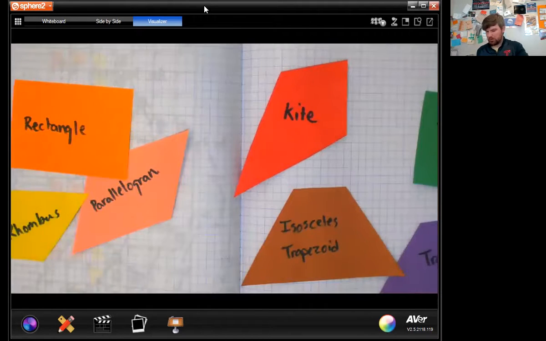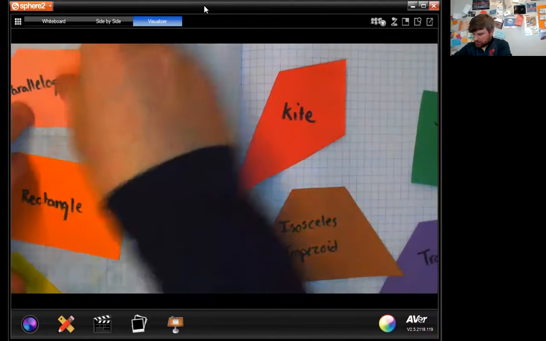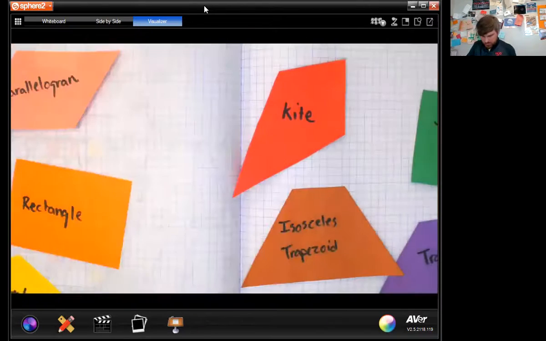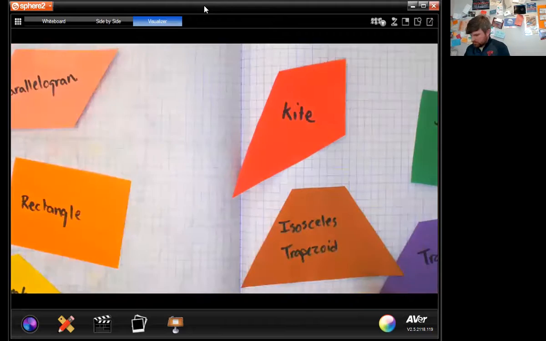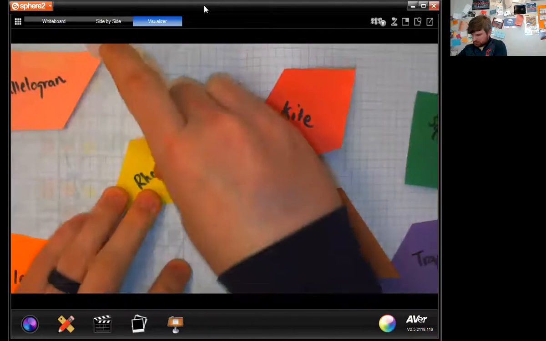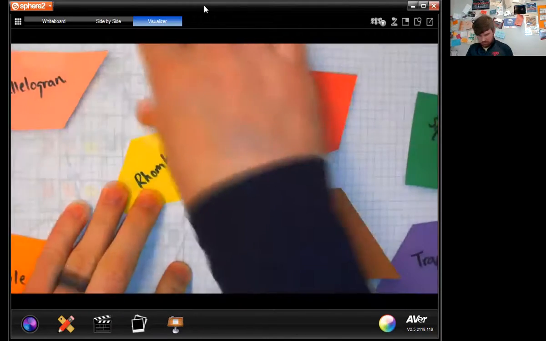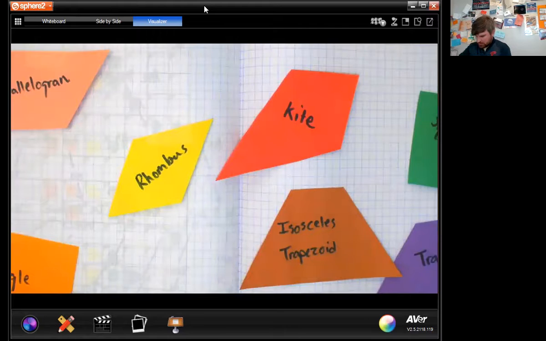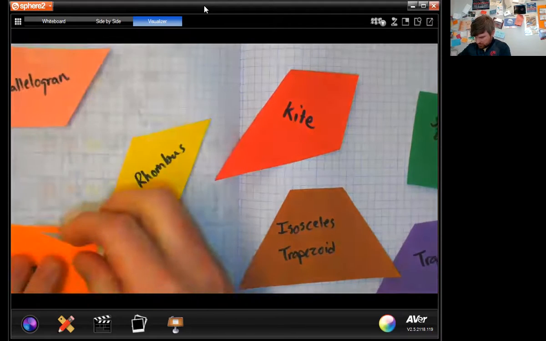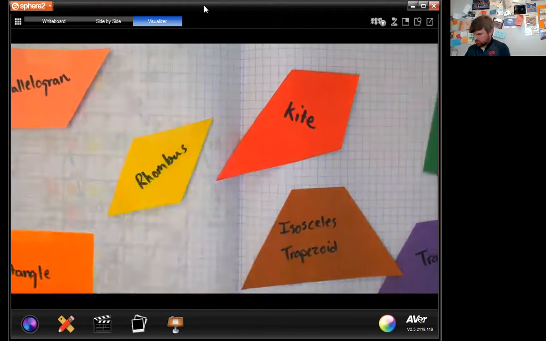Okay, so we've got all of our shapes. Now I'm going to take some tape, and we're just going to tape them in. We'll start with parallelogram, rhombus, rectangle, and square, and we're going to put those on this page.